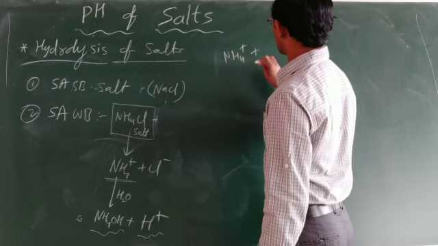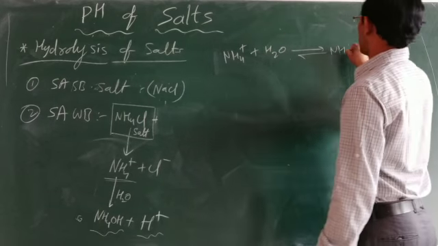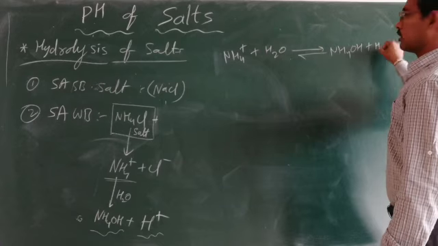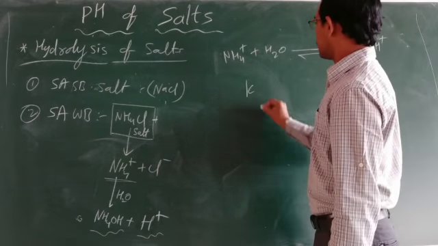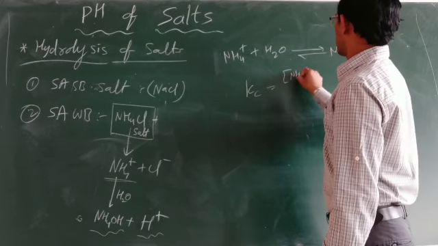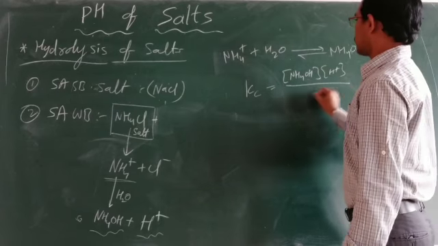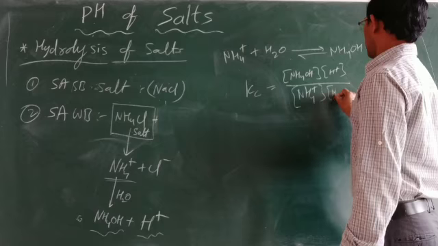NH4 plus is distressed to water molecule forming ammonium hydroxide plus H plus. Right? If I apply the equilibrium constant Kc, then NH4OH into H plus upon NH4 then H2O.